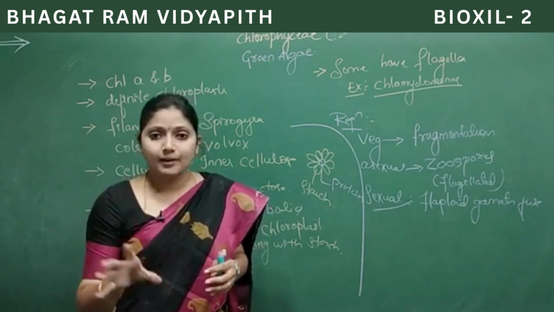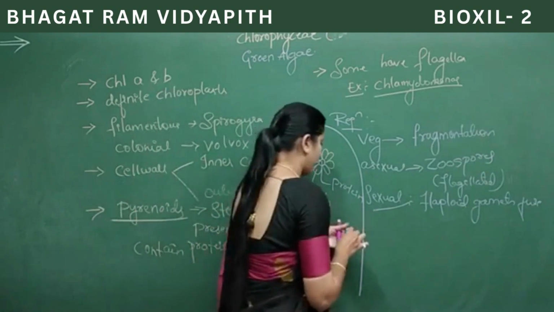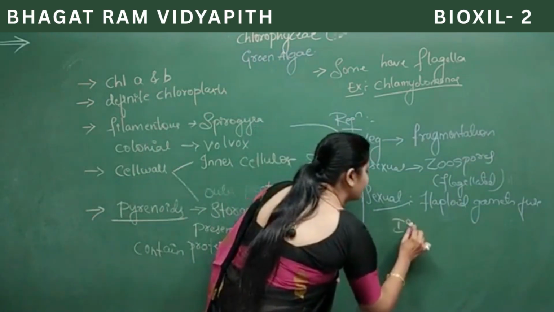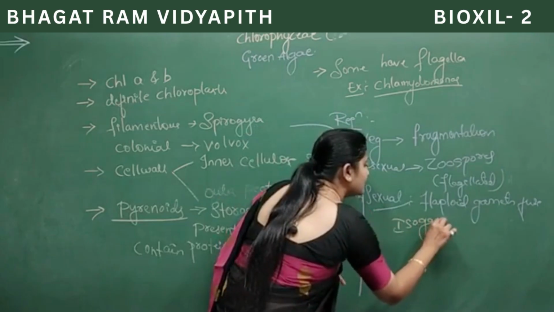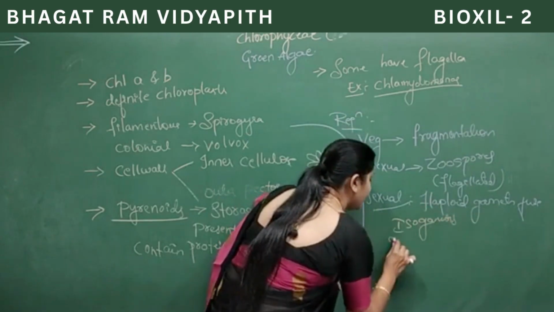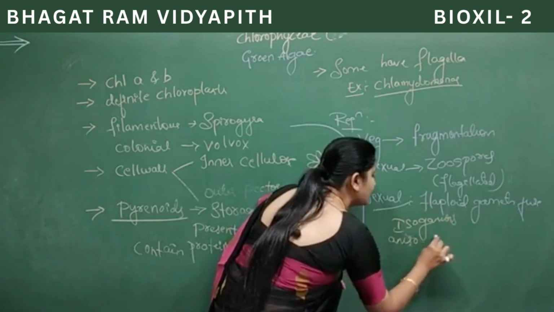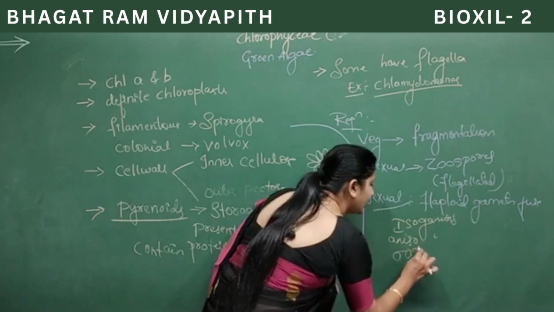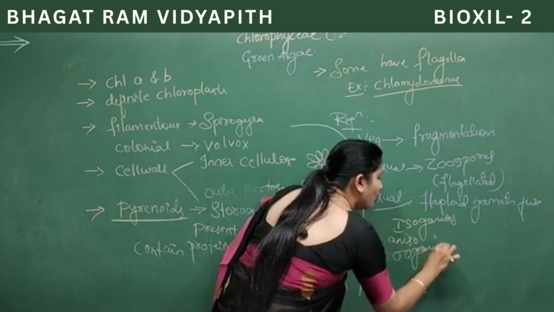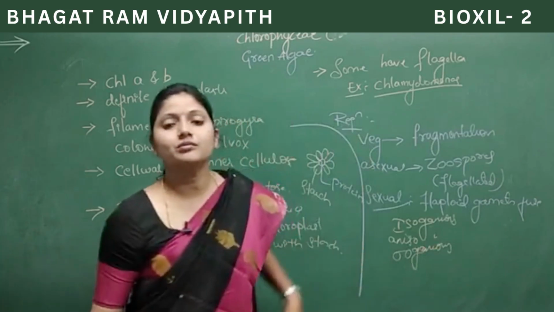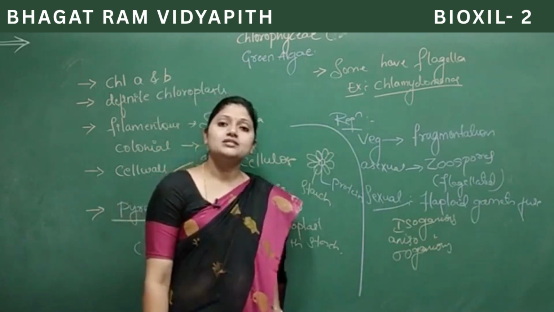It can be isogamous, anisogamous, or oogamous. Isogamous, if both the gametes are similar.